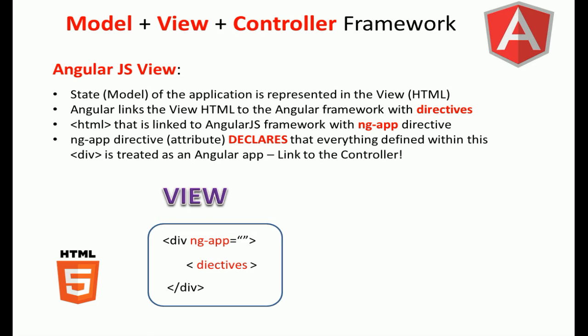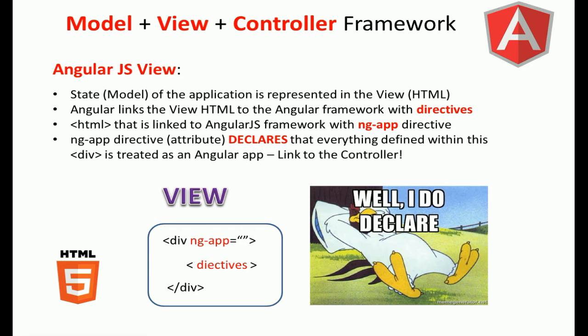Directives are constructs that extend the standard HTML vocabulary. A directive is written into the HTML as an attribute, which usually has an associated value. There is one directive in particular called ng-app that declares an HTML element as an Angular application.